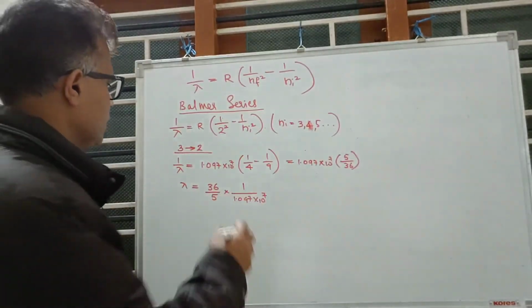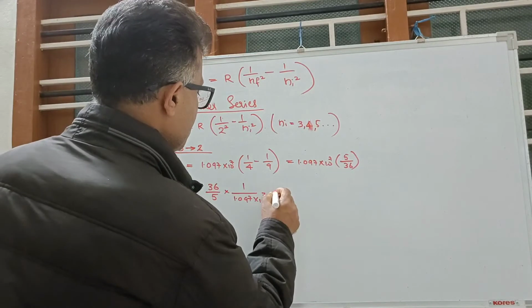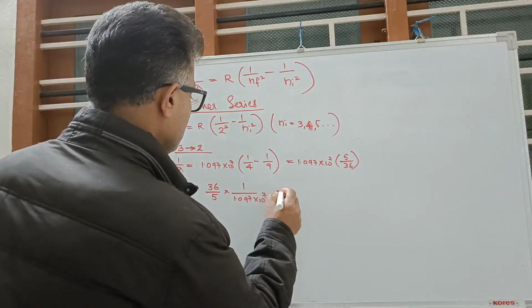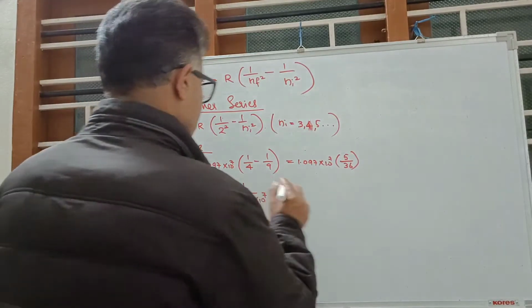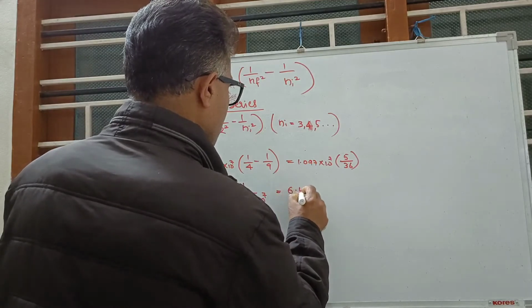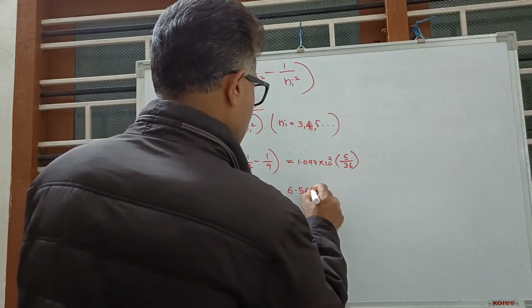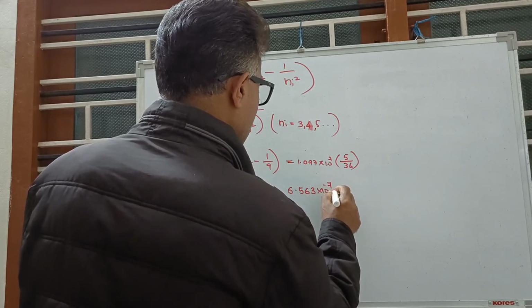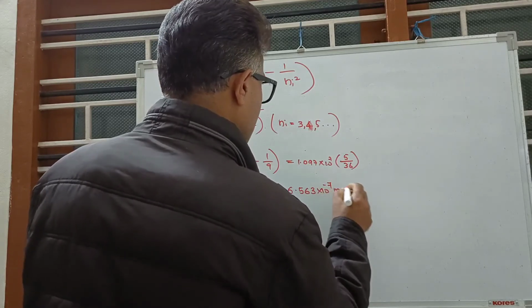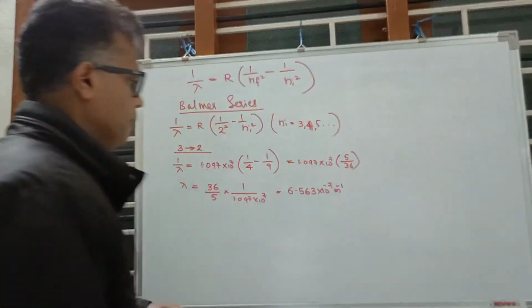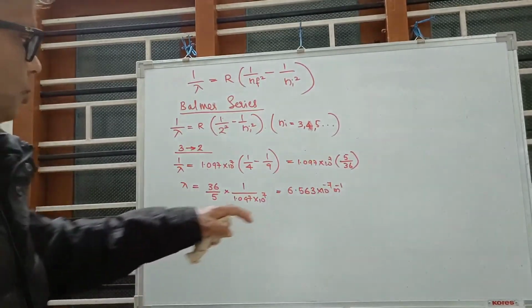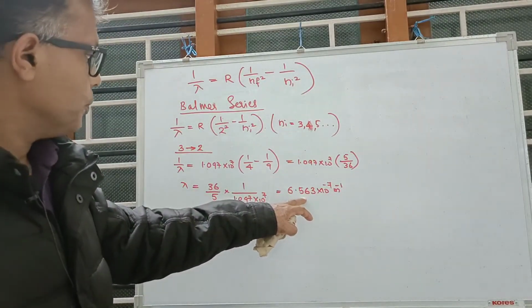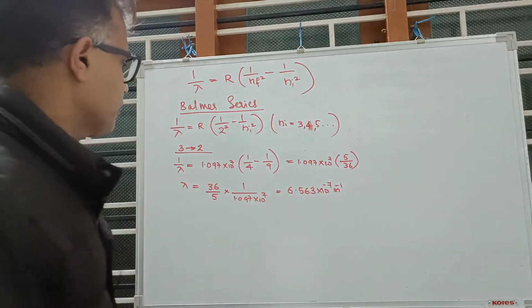Okay, I am just calculating. If you divide this one, it is going to become 6.563 into 10 raised to minus 7 meter. Okay, you see this one. Now I am going to multiply by 100 more.